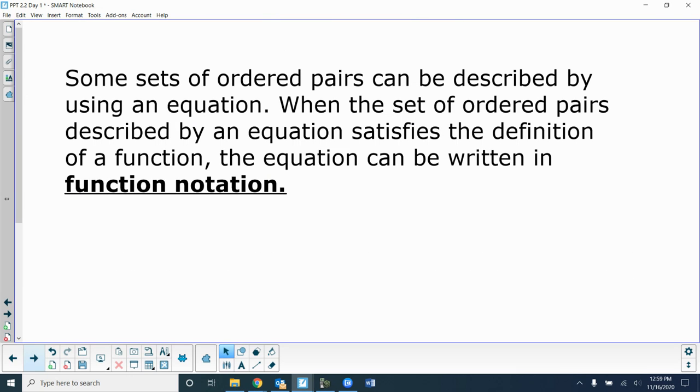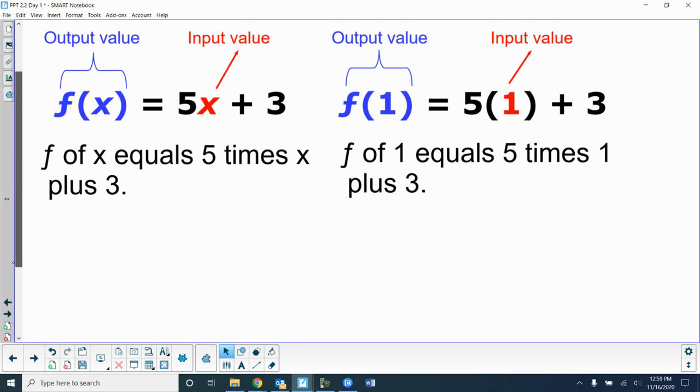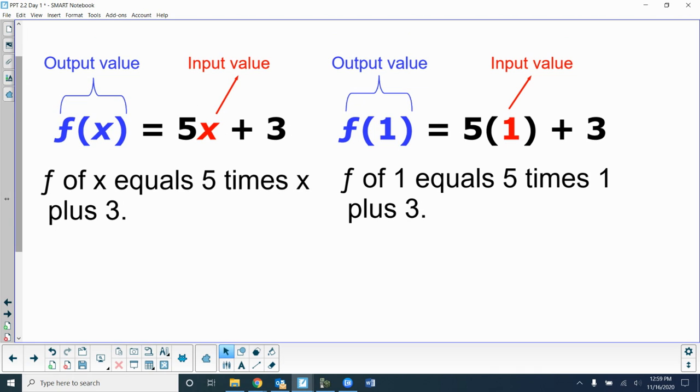Some sets of ordered pairs can be described by using an equation. When the set of ordered pairs described by an equation satisfies the definition of a function, we can write it in function notation. So here's function notation. You guys have seen this before. f of x, our output value, our range, equals 5x, x being our input, our domain, plus 3. All right, so f of x equals 5 times x plus 3.